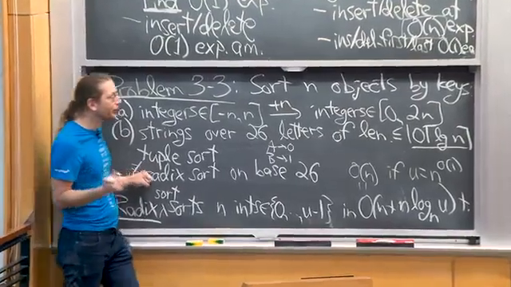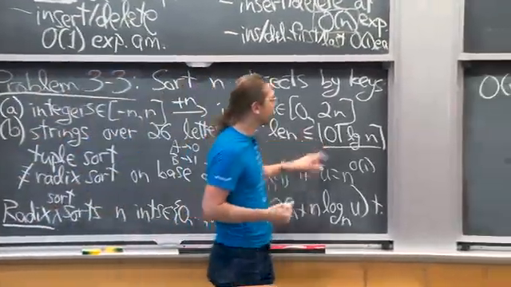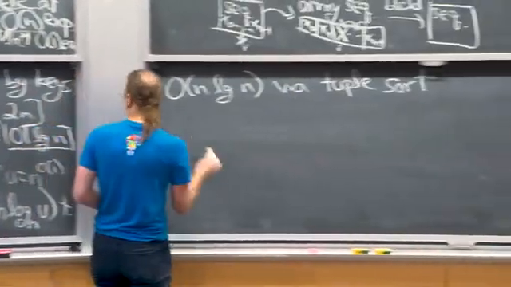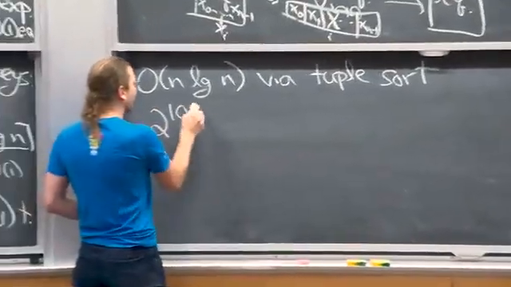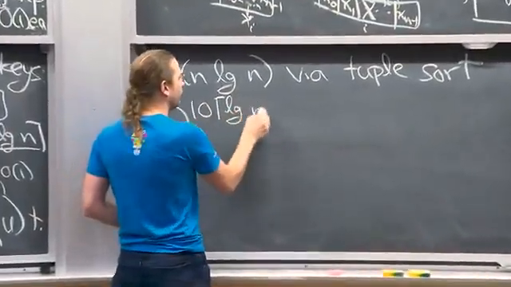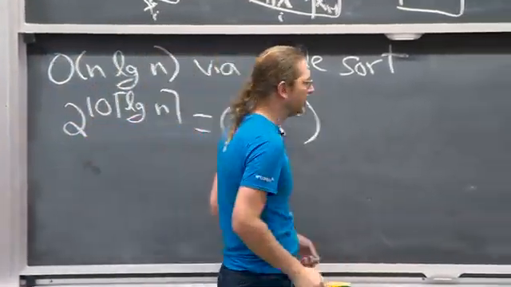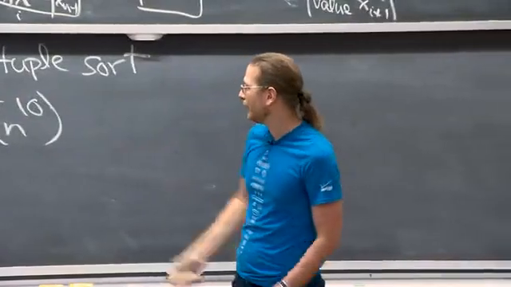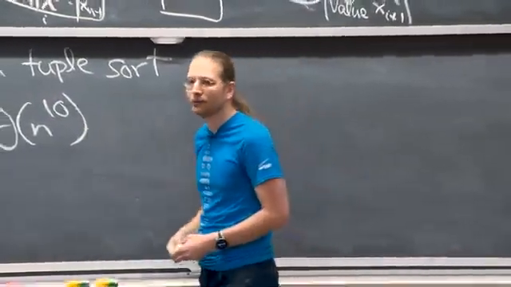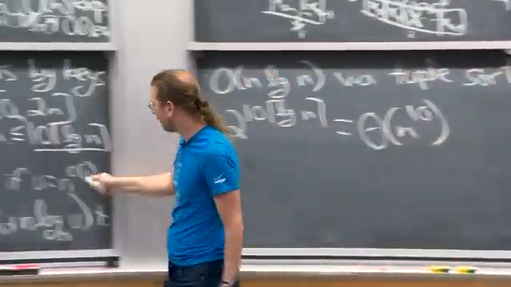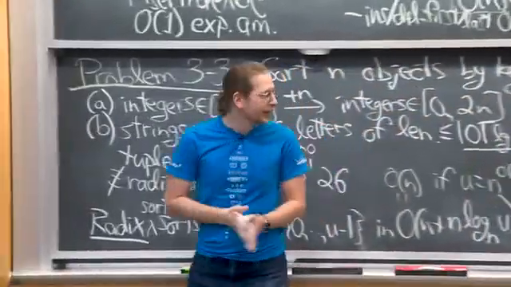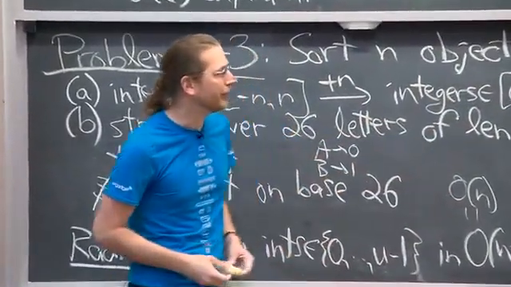And then it will only run 10 times because 2 to the 10 log n is n to the 10. And so the numbers that we're sorting are between 0 and n to the 10. And so u is n to the 10. And so that's the case when radix sort runs in linear time.